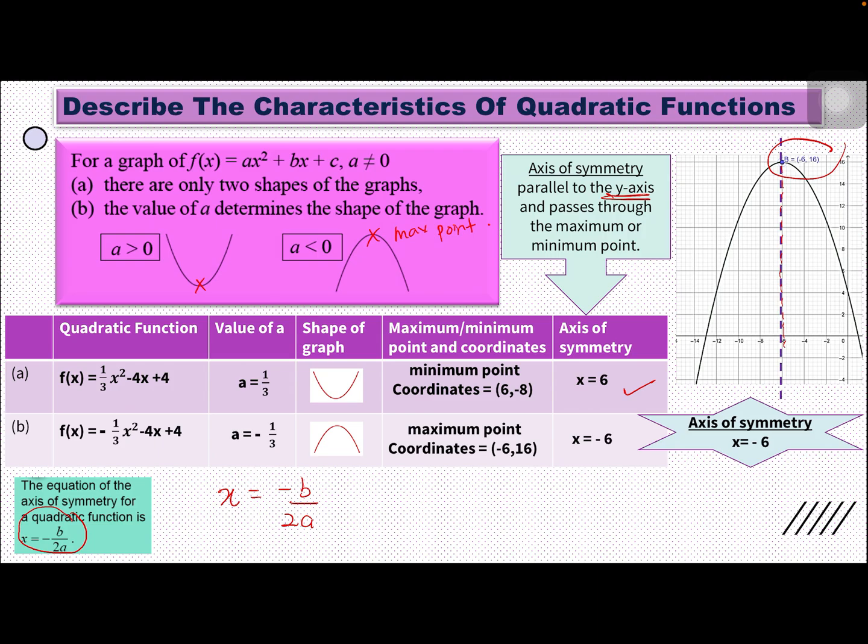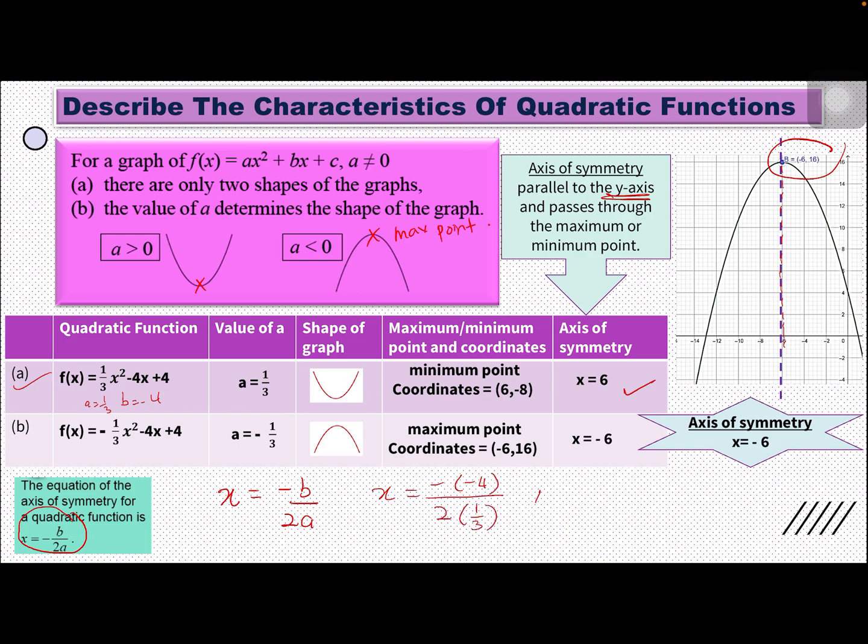Let's do the first one. Your a is 1/3 and your b is −4. Then let's substitute into the formula. So negative b is 4 over 2 times 1/3.